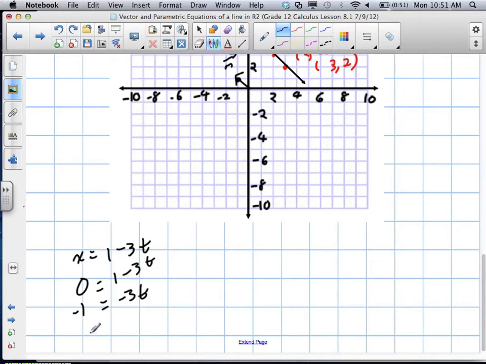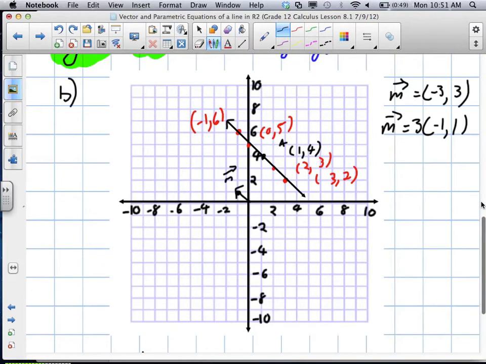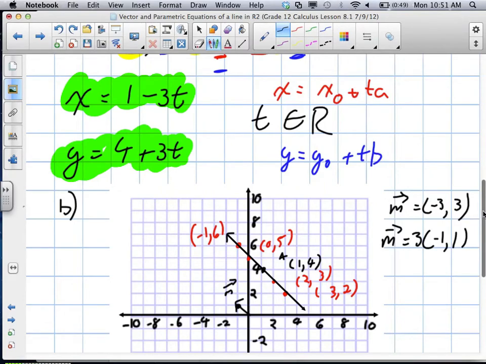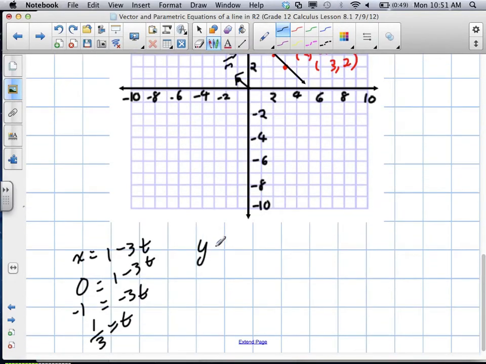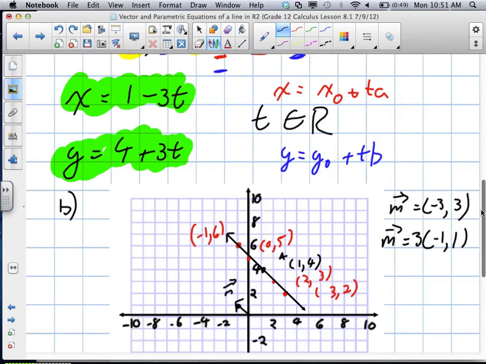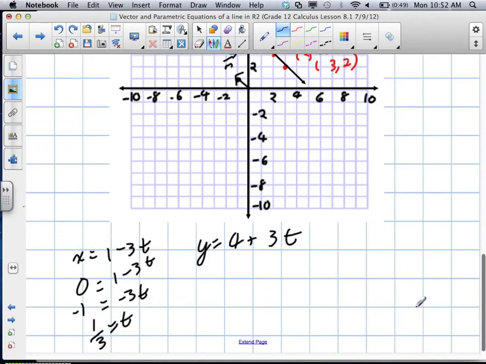Okay. And we're looking at a parameter of 1/3 for our scale of t. y is 4 plus 3t, is that right? Was it negative or positive? It was positive. Good.